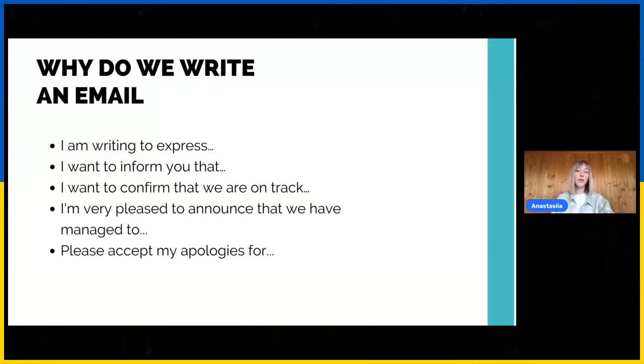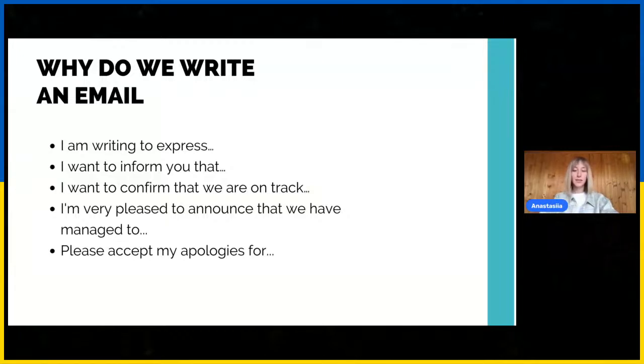After we greet, we are supposed to start the main body of our email. Here there are opening phrases, but remember that even if we now discuss the opening phrases, we are not supposed to use too many of them.